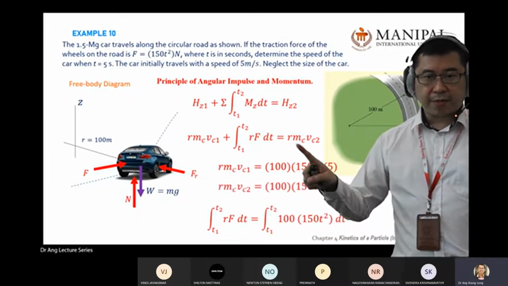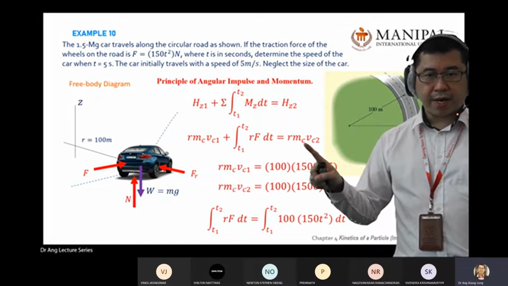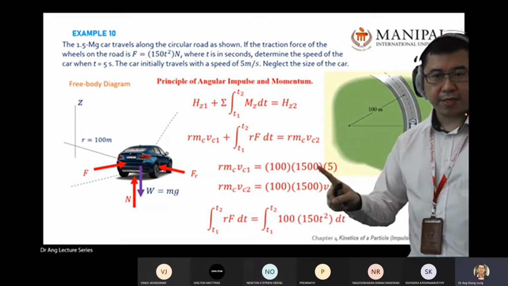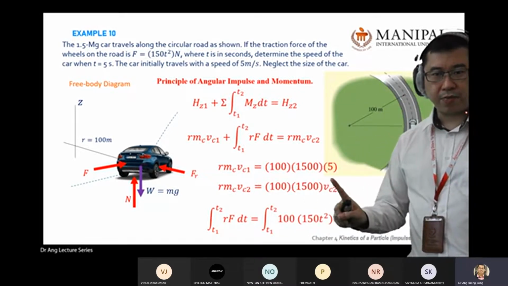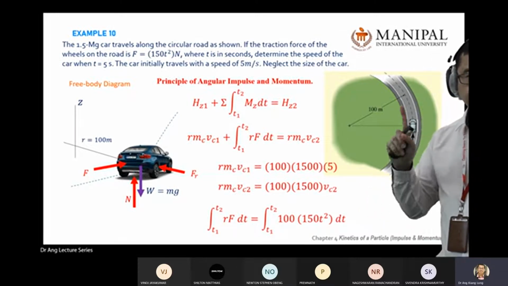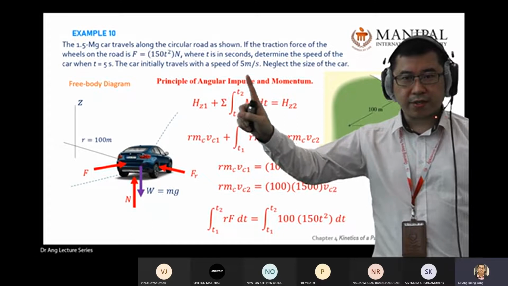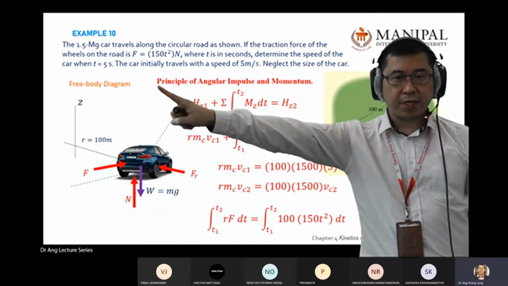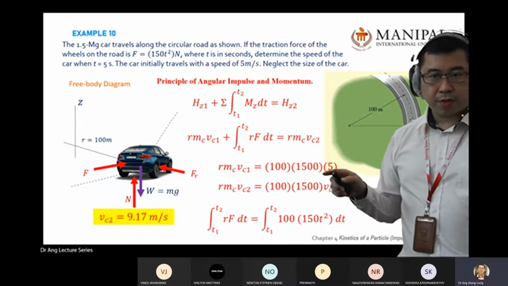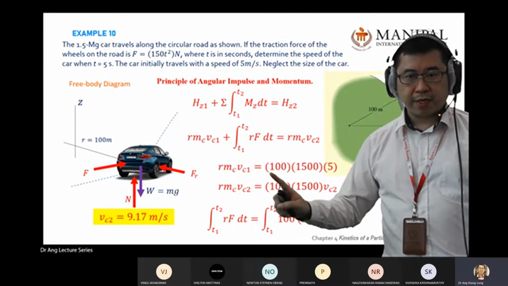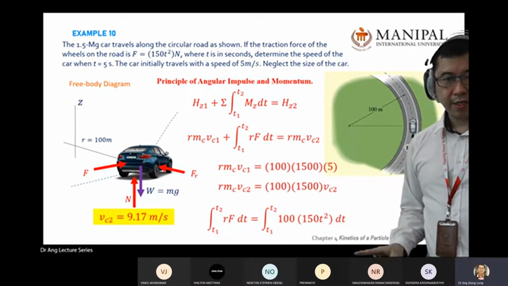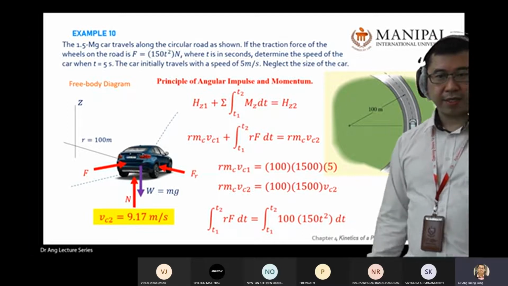Then the same with this one, RMV2. R is still 100, M is still the same, and V2 we don't know. It asks us to determine the speed of the car after 5 seconds. So you put this one in, and this one in here, and then do the calculation.